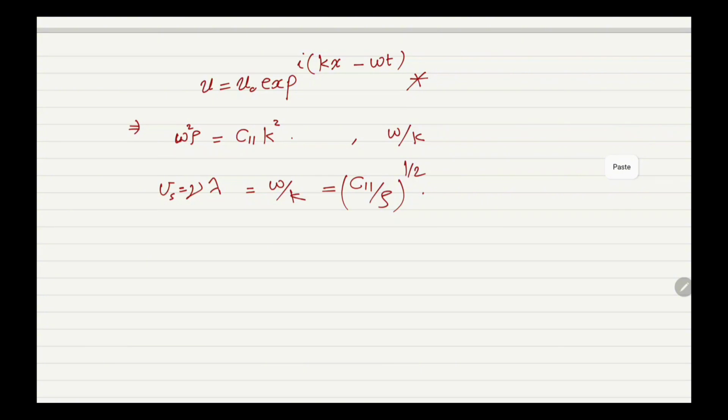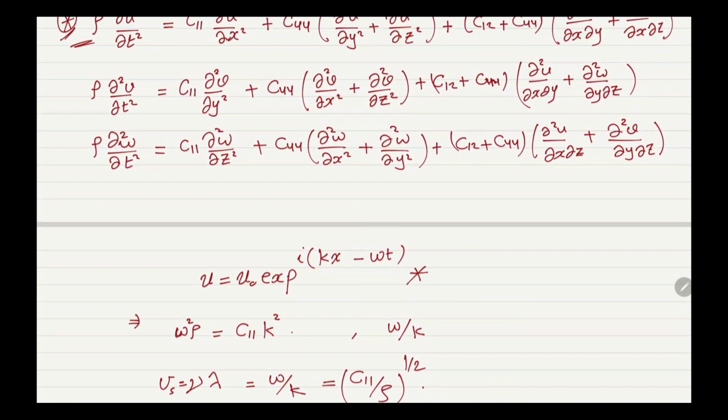direction. Now let's consider another case when we have a transverse or shear wave with wave vector along the x cube edge and with the particle displacement in the y direction. So we have here the particle displacement in the y direction, so we should use this equation right here.